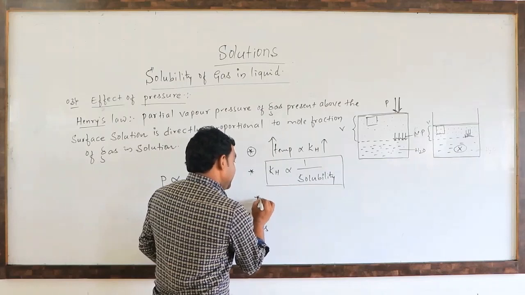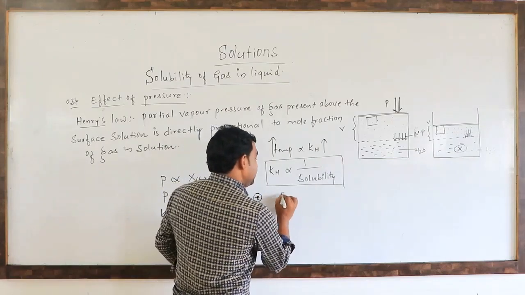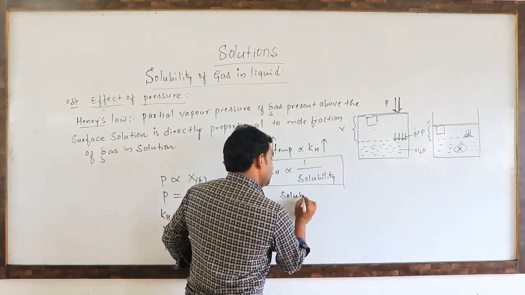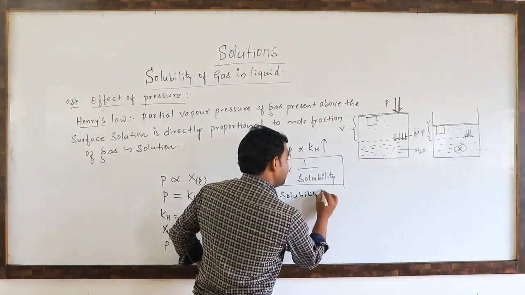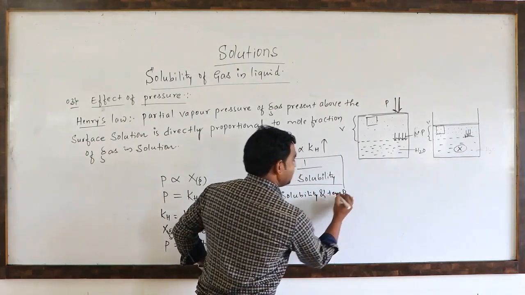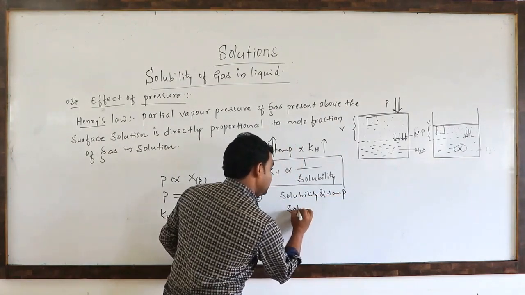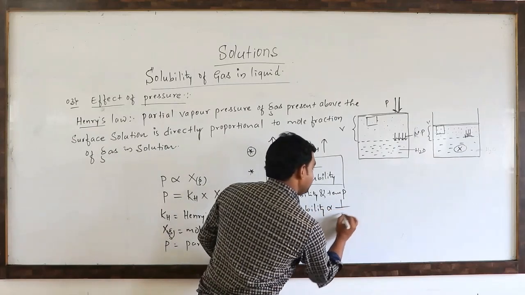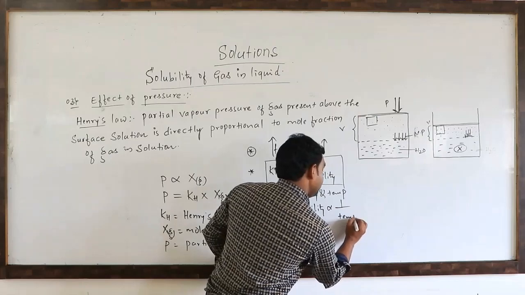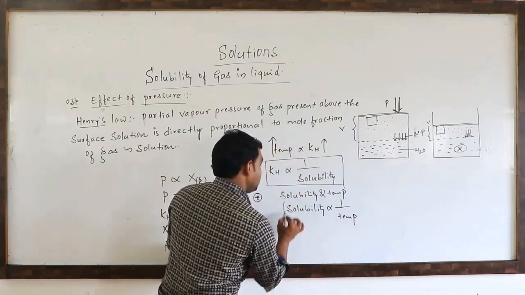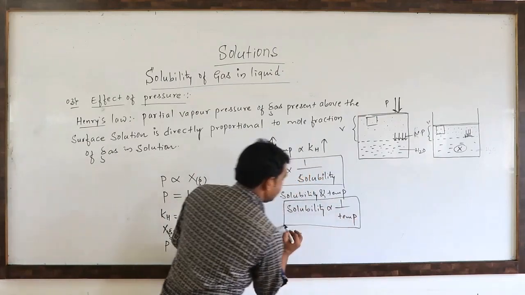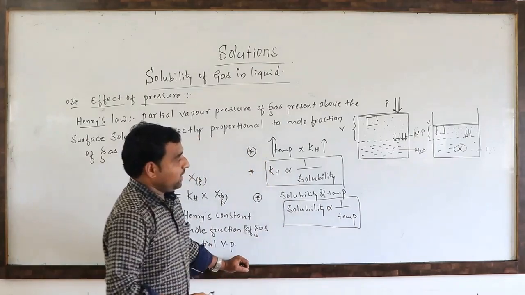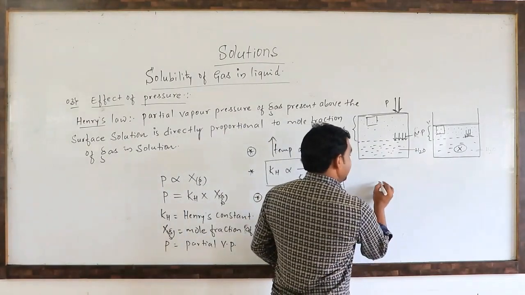And we already know the solubility and temperature relation: solubility is inversely proportional to temperature, or temperature is inversely proportional to solubility. So this is also very important, and we can write that directly.